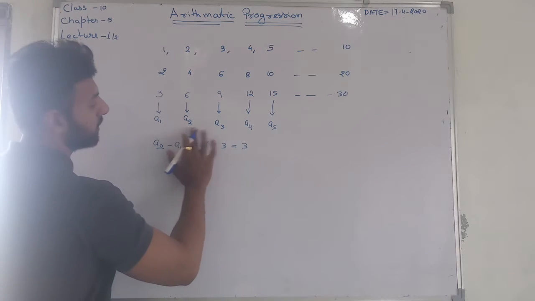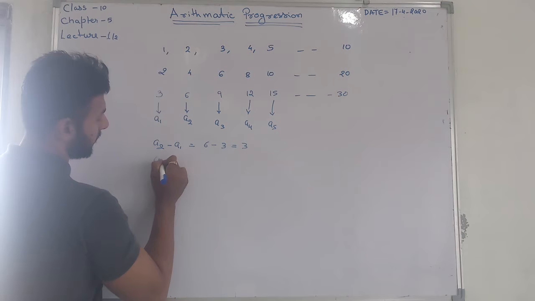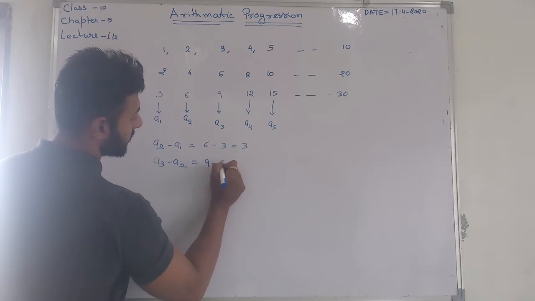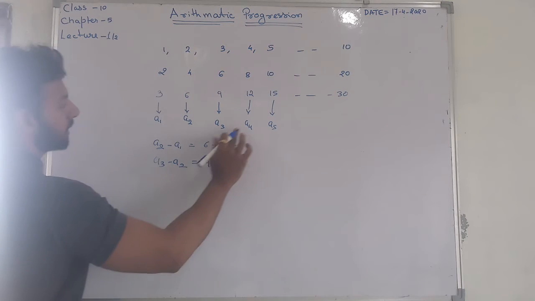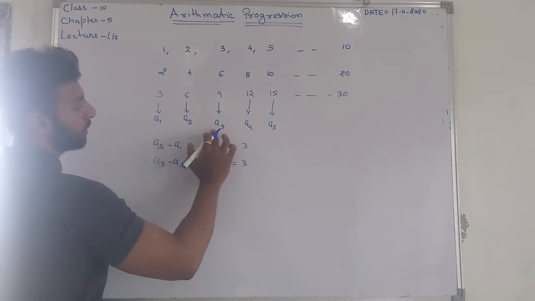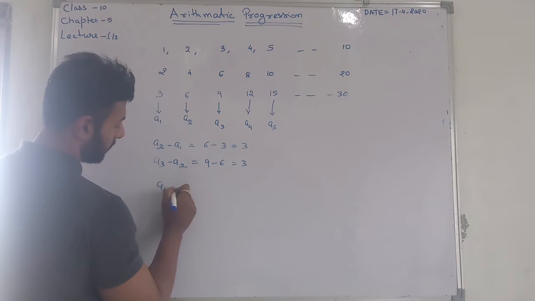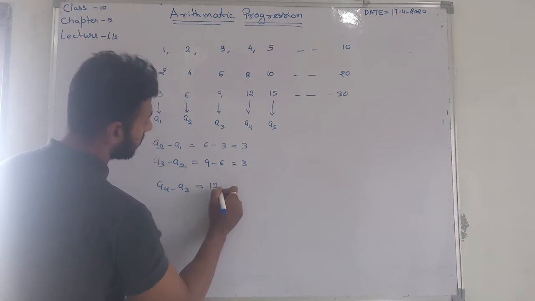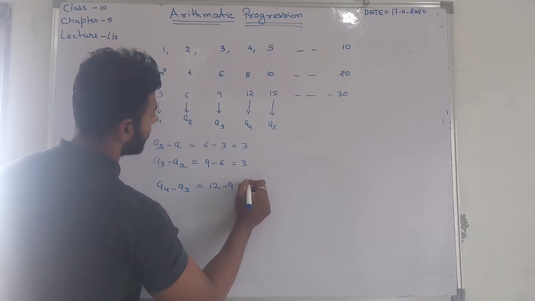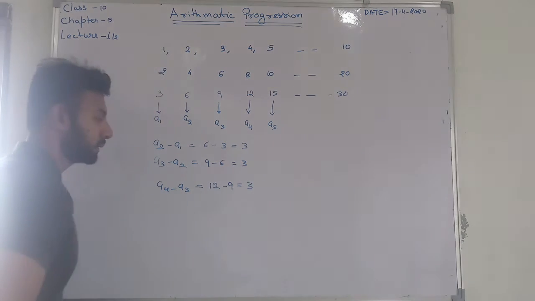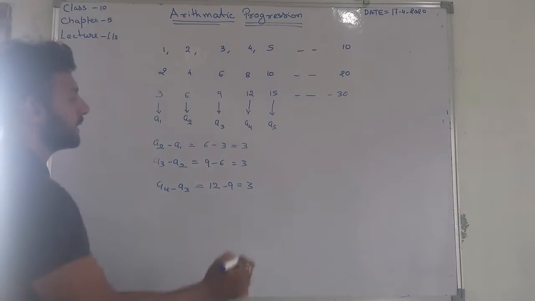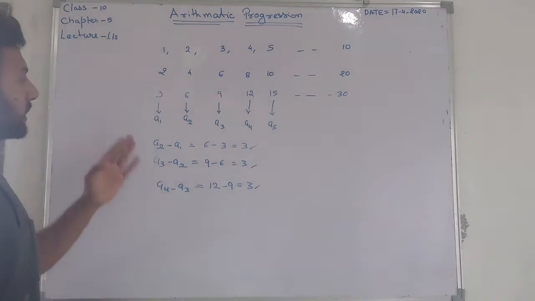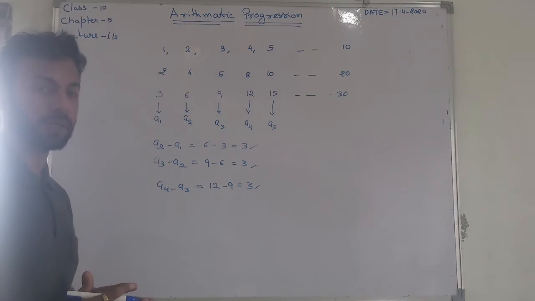Similarly, a3 minus a2 is 9 minus 6, which is equal to 3. Now a4 minus a3 is 12 minus 9, which is equal to 3. We can see that we are getting the same common difference, so this is an arithmetic progression.